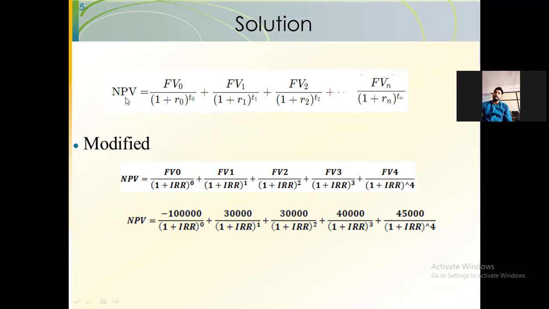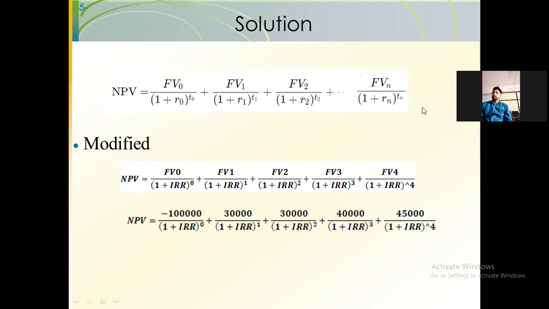The NPV formula is NPV equal to FV0 divided by (1 plus R0) raised to T0, plus FV1 divided by (1 plus R1) raised to T1, plus FV2 divided by (1 plus R2) raised to T2, up to FVn divided by (1 plus Rn) raised to Tn, where FV0, FV1, FV2, up to FVn are the cash flows, or the future values of the cash flows, and R0, R1, R2, up to Rn are the discount rates.